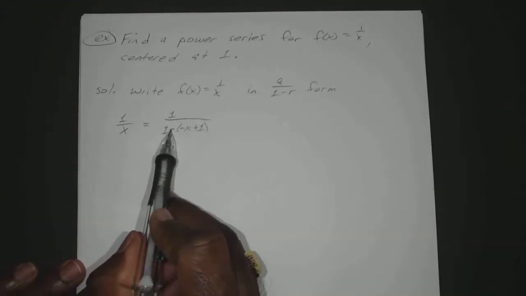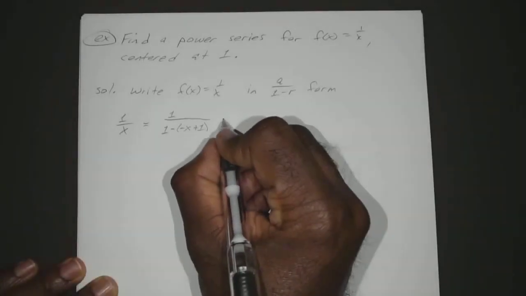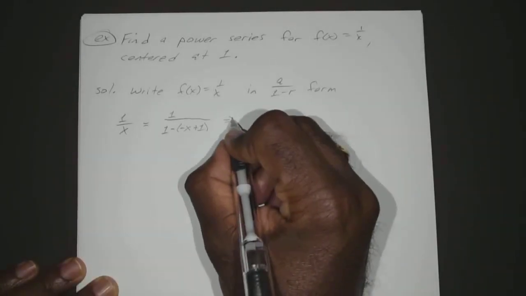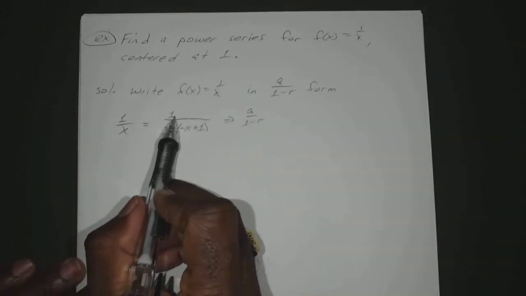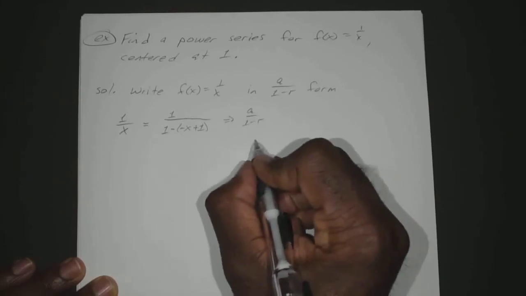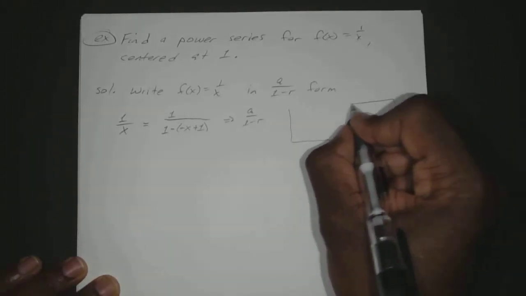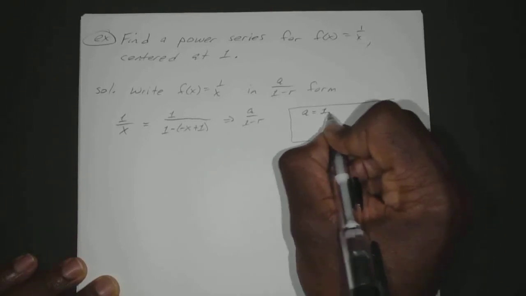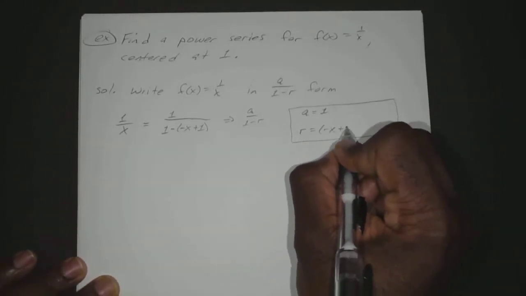That would just be 1 plus x minus 1. Okay, so if it's in the form a over 1 minus r, your a is equal to 1. And your r is equal to negative x plus 1.